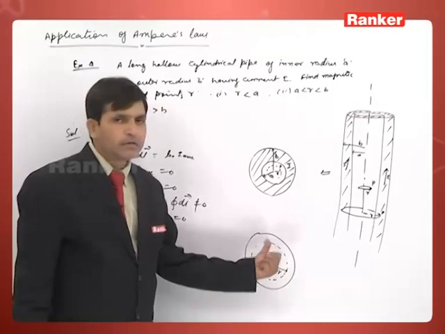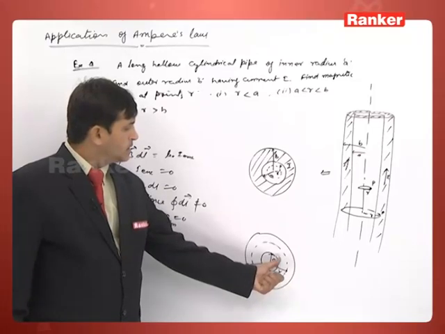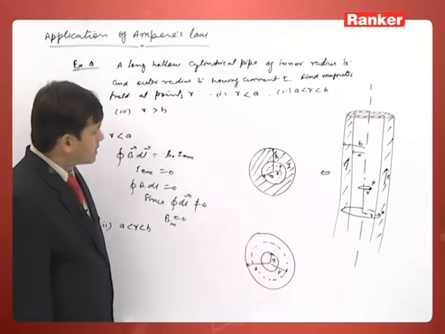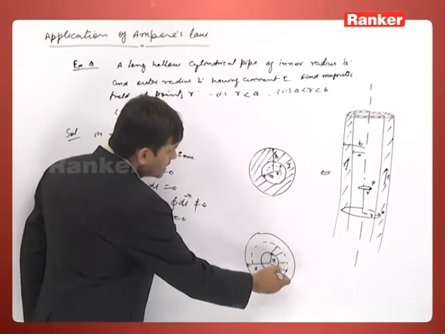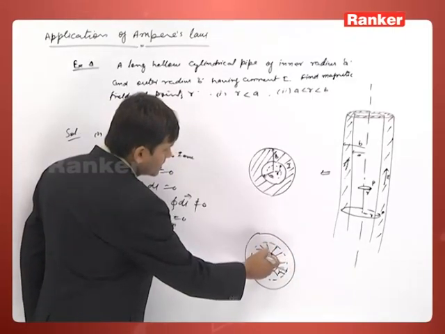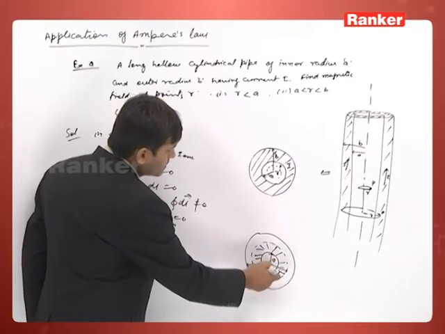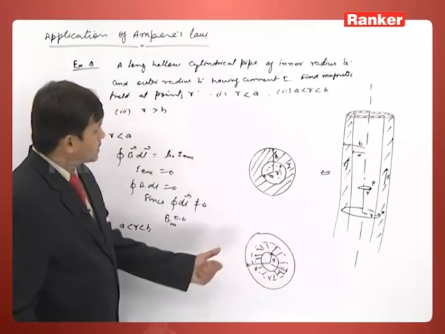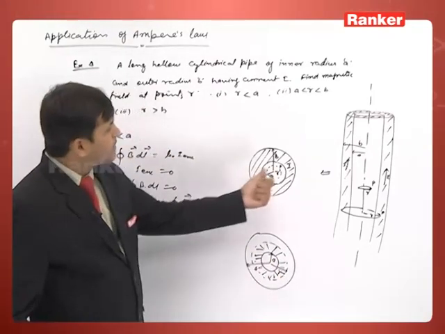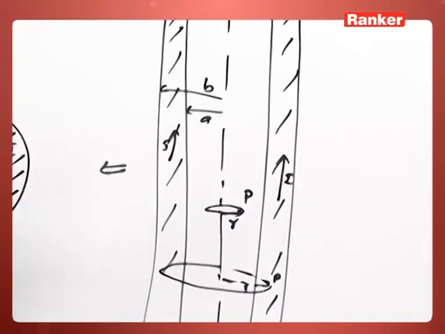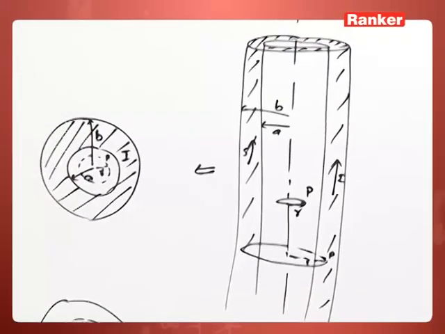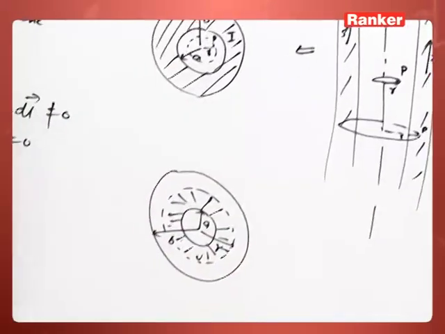When we calculate the enclosed current, current will be enclosed only from this part. The total current was I, associated with the cross-sectional area pi times b square minus a square, but now our current is only this part.